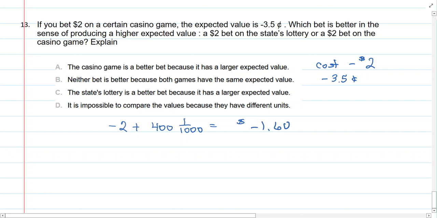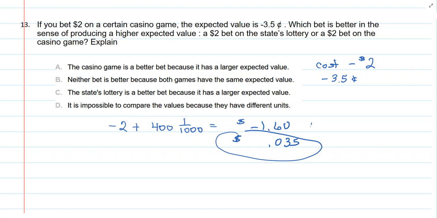On the next one, we have the 0.35 on the casino. Well, the casino is a better deal. Even if we lose, we get $1.60 as we work through all of what we can do.